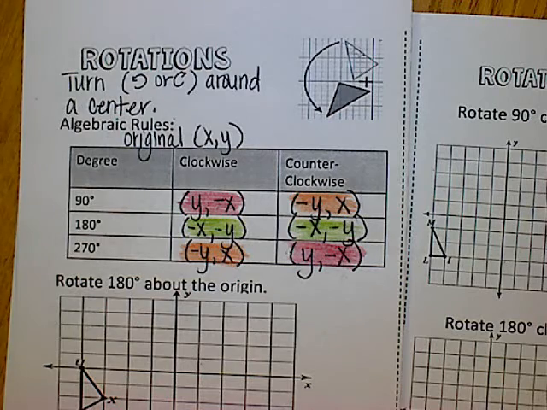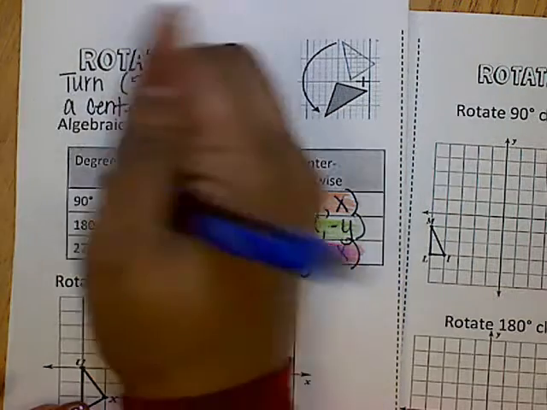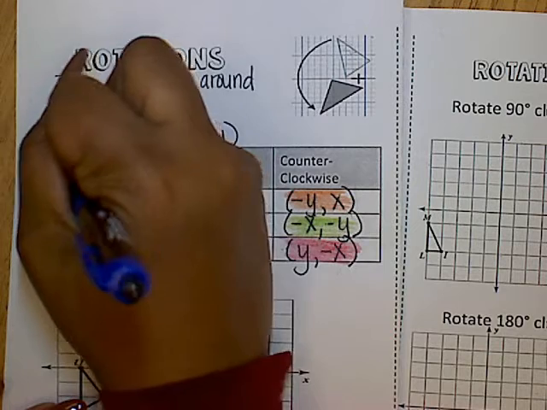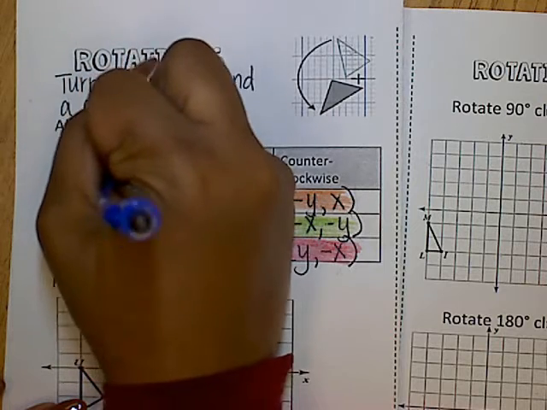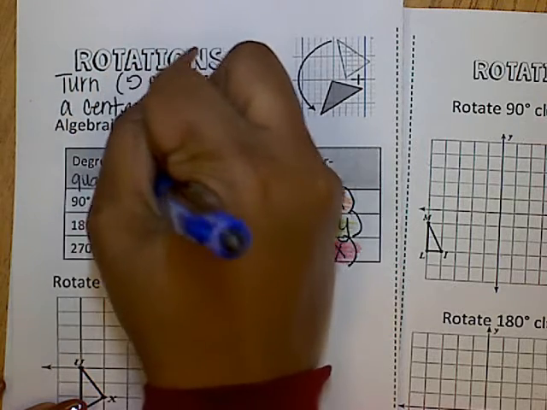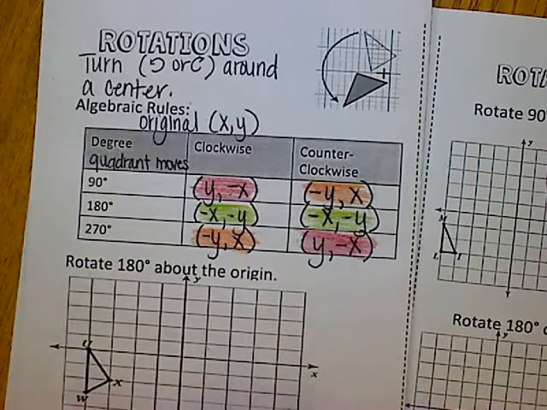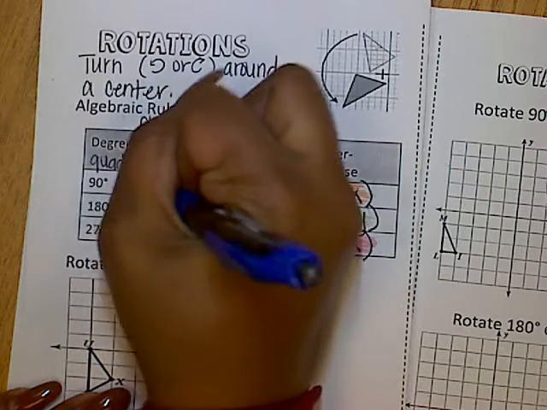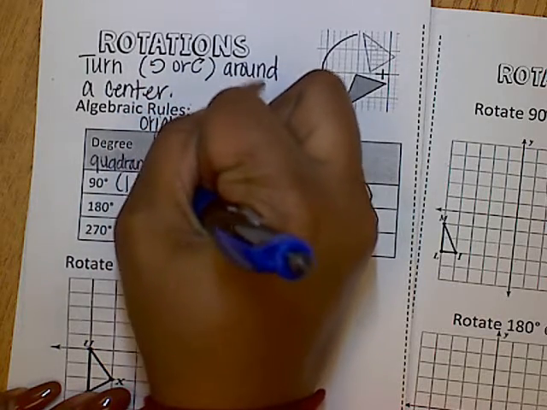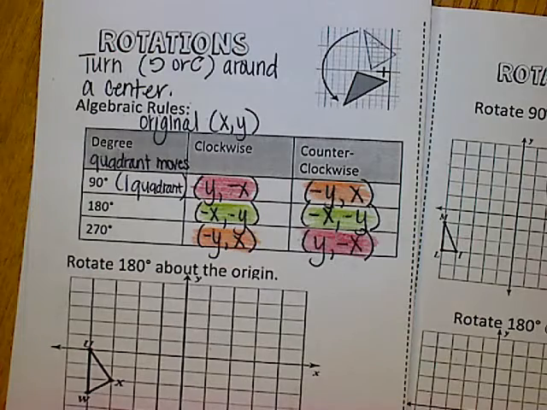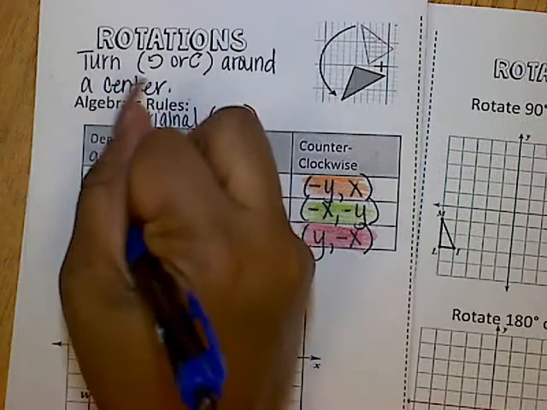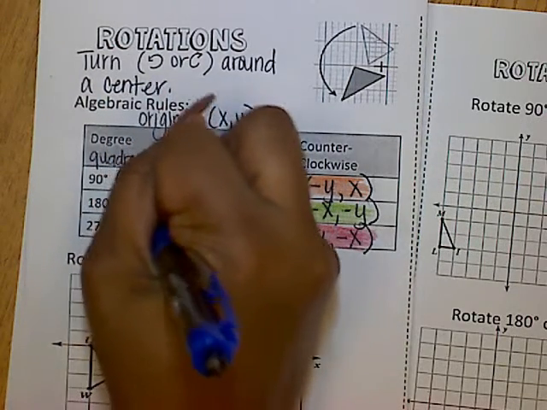Another way to help you with rotations is to recognize how many quadrants it moves. So I'm going to add that here. How many quadrants does it move? If you're moving 90 degrees, your shape should only move one quadrant. If you're moving 180 degrees, your shape should move 2 quadrants.